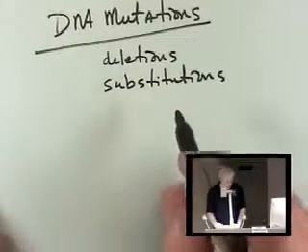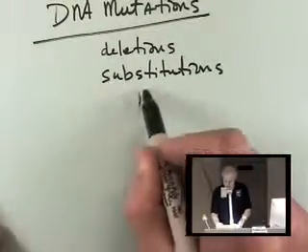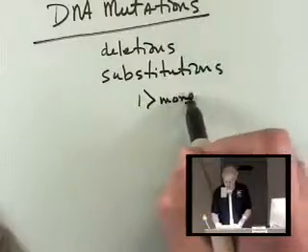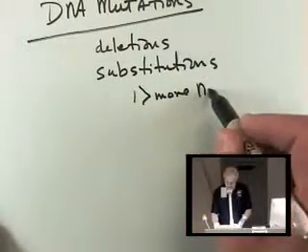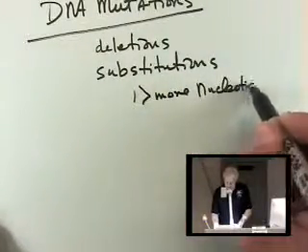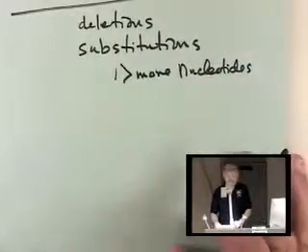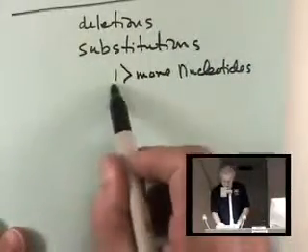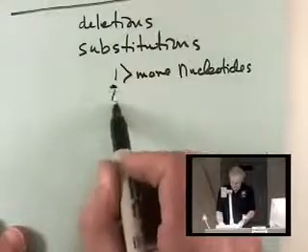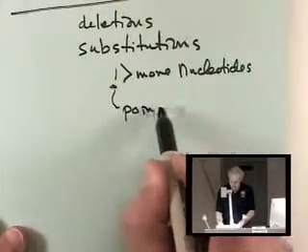And these can be one or more nucleotides. If it's only one nucleotide, then those are point mutations.